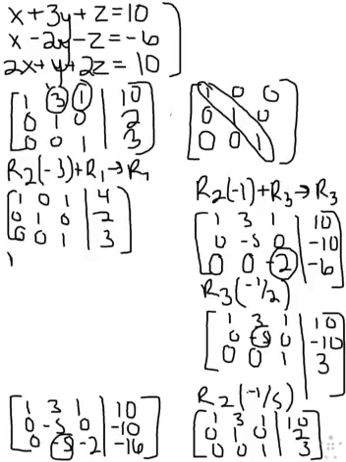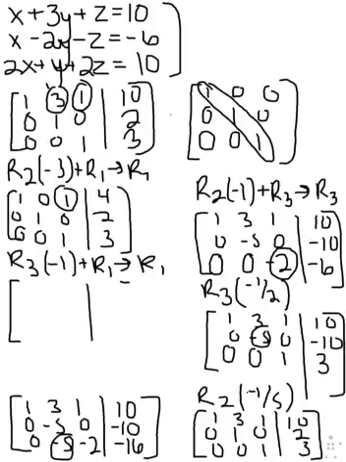And now we'll do row 3 times negative 1 plus row 1 and store that into row 1 to make that 0. So 0 times negative 1 is 0, plus 1 is 1. 0 times negative 1 is 0, plus 0 is 0.